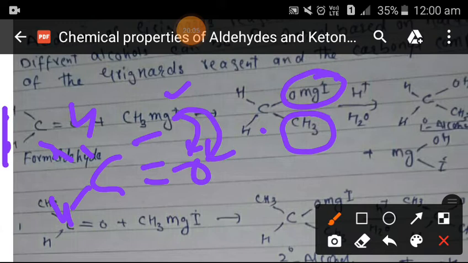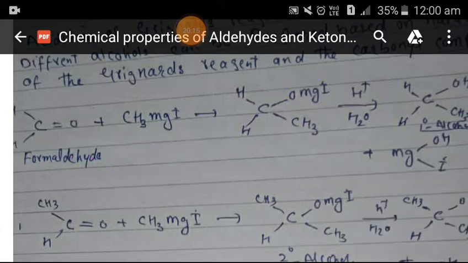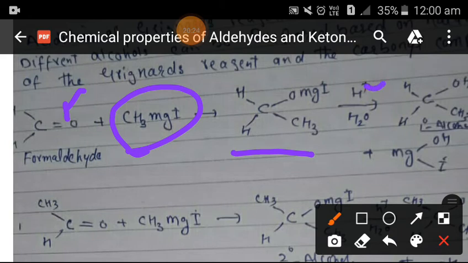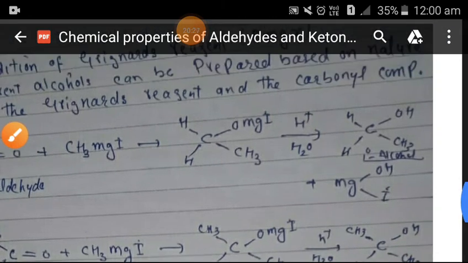You just remember how the different types of alcohols are formed by taking different aldehydes or ketones. So the intermediate product is formed when the formaldehyde is treated with this Grignard's reagent, and in presence of acid the product will be formed here.